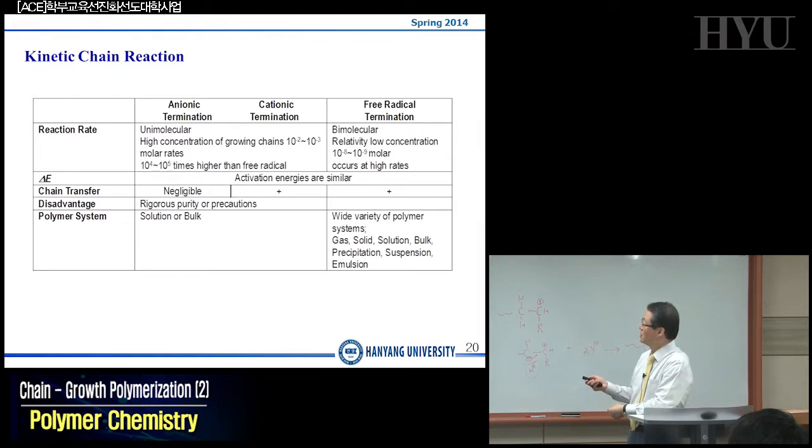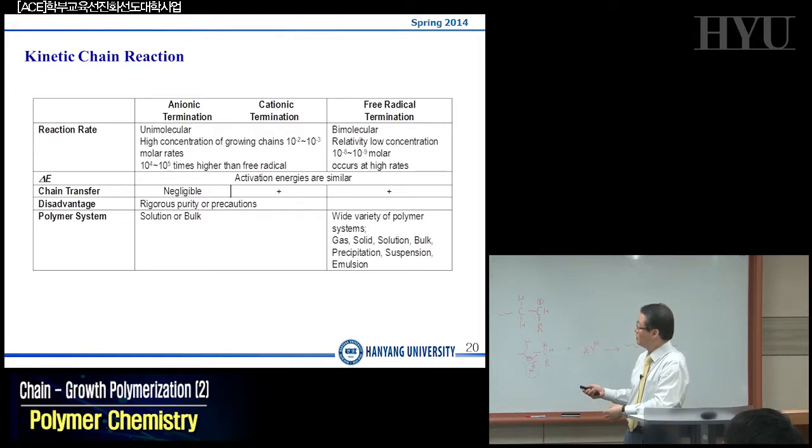Reaction rate is much higher in this case, compared with the free radical reactions. So this is about 10 to the 4th to about 10 to the 5 times higher, or faster, than the free radical polymerization reactions.